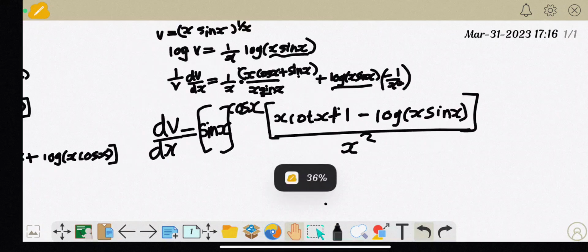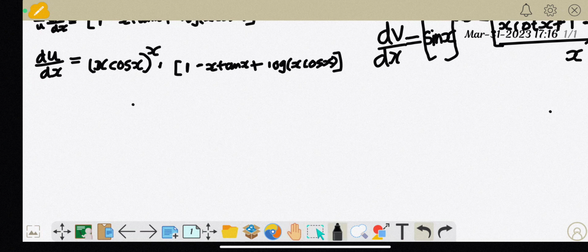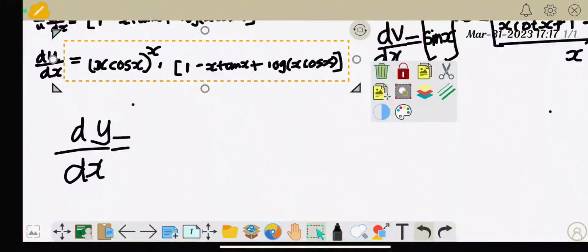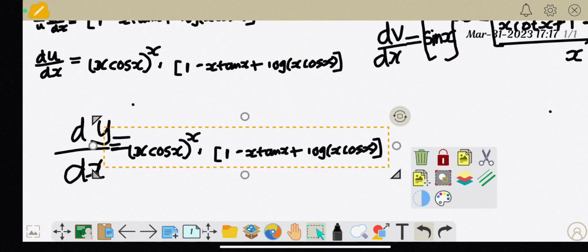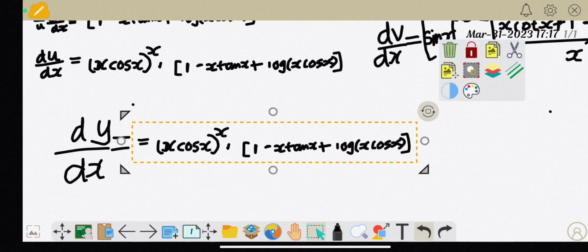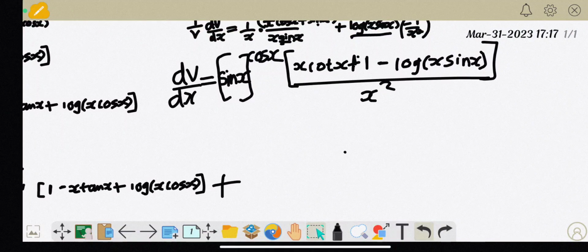So at the end what we have to do? We have to add these two terms, correct? So dy by dx is equal to this term, plus the other term, whatever we got over here.